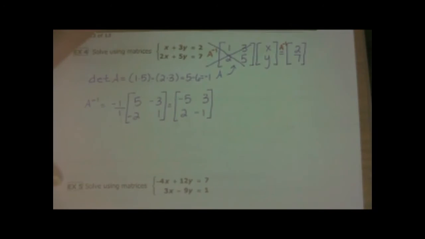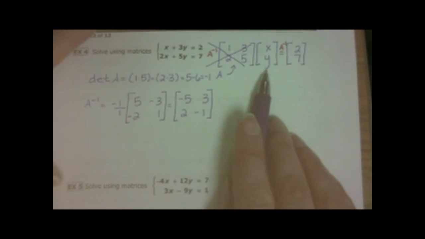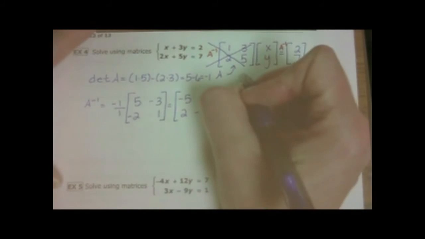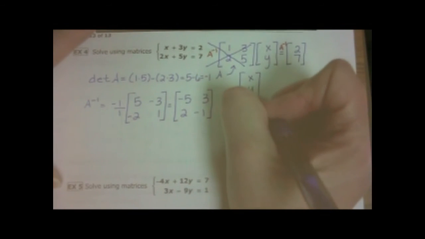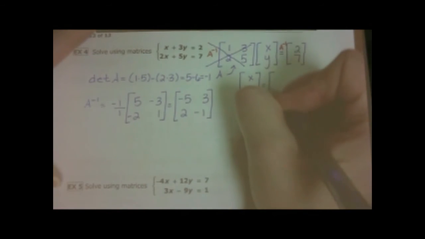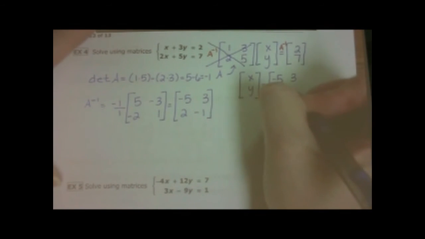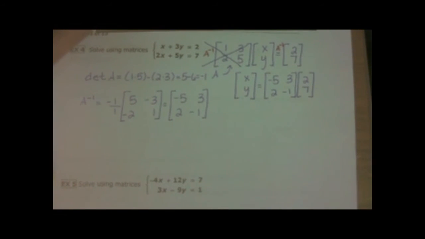When we multiply by A inverse, this cancels because it multiplies into the identity matrix, which times xy leaves us with just xy. So what we have is xy equals A inverse times 2, 7. So let's go ahead and do our multiplication.